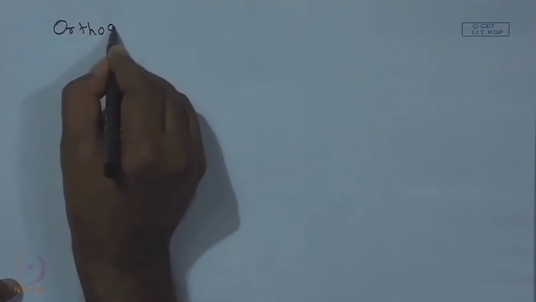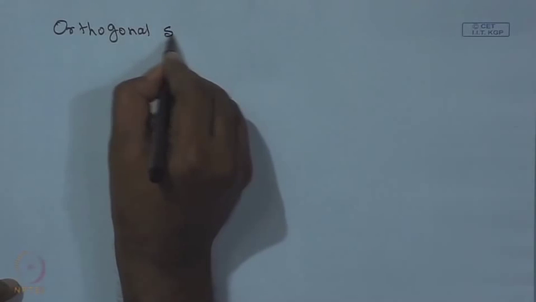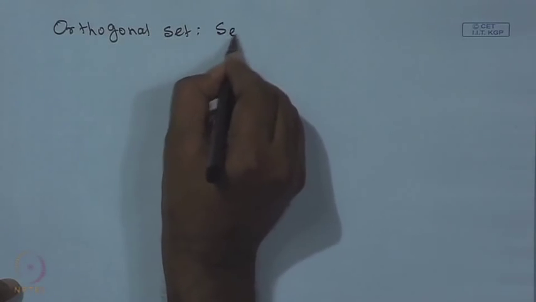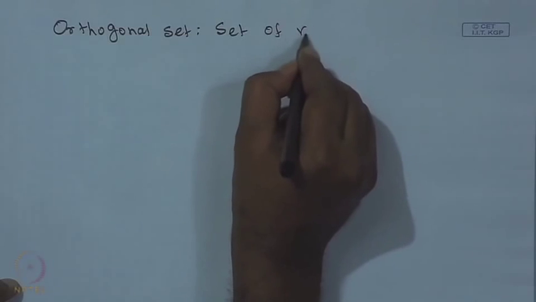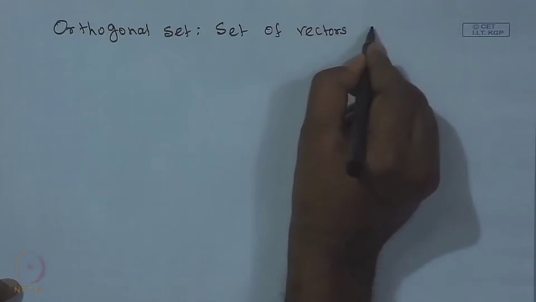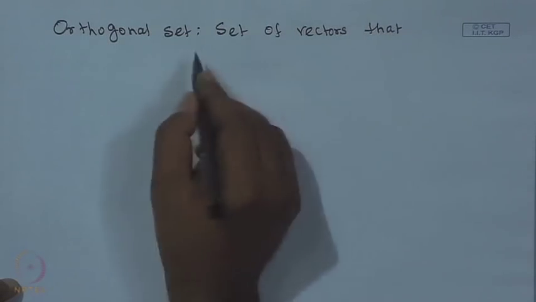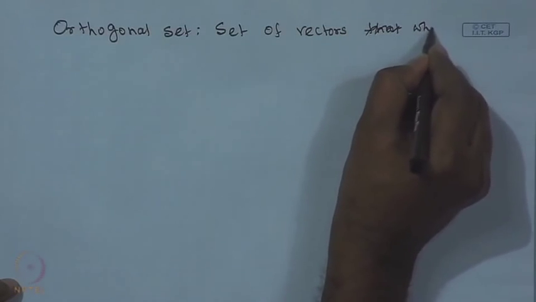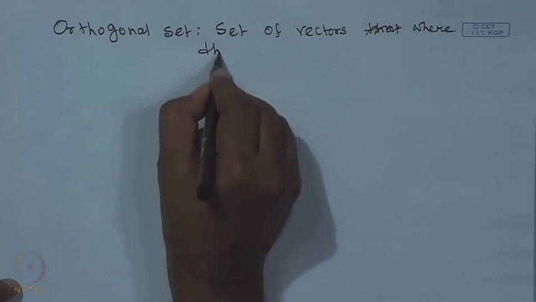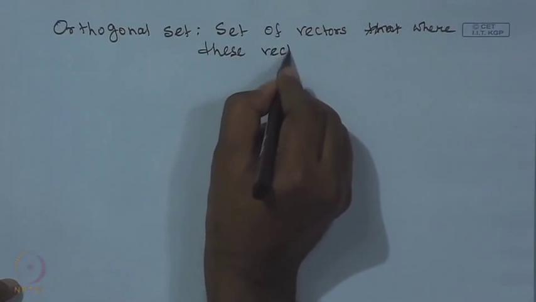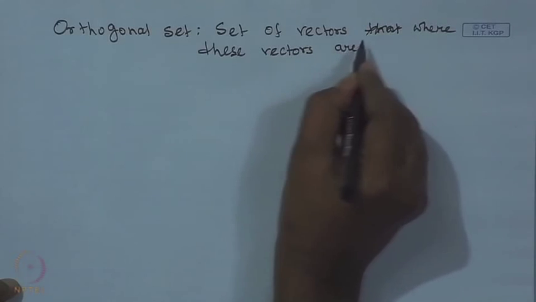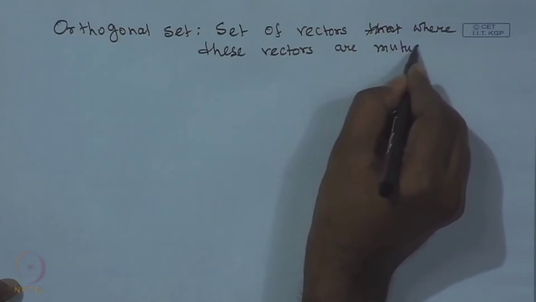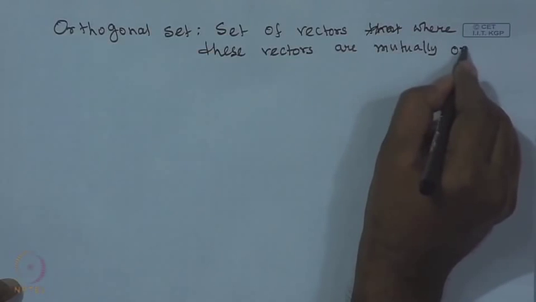Now, what is the orthogonal set of vectors? The orthogonal set is a set of vectors that are mutually orthogonal.